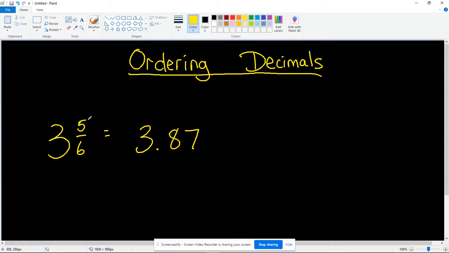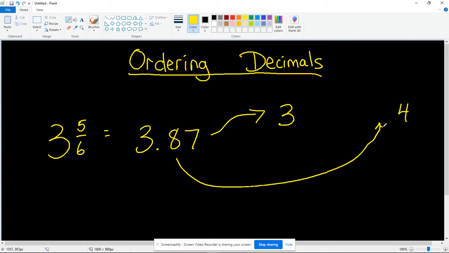So this decimal .87 is because 5 divided by 6 would be .87. So that's the part of the whole. And the important thing to remember about that is it's between 3 and 4. 3.87 would go right about here on the number line, right?